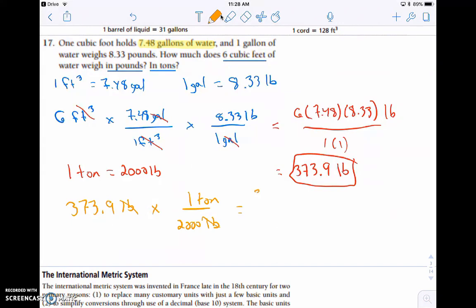So we're going to have 373.9 tons over 2,000. So when you do 373.9 divided by 2,000, you get approximately 0.19 tons. Okay, so 0.19 tons is equivalent to 373.9 pounds, which is 6 cubic feet of water.